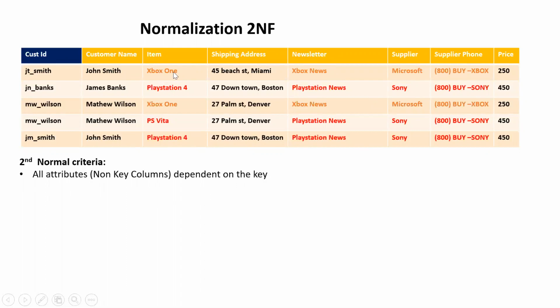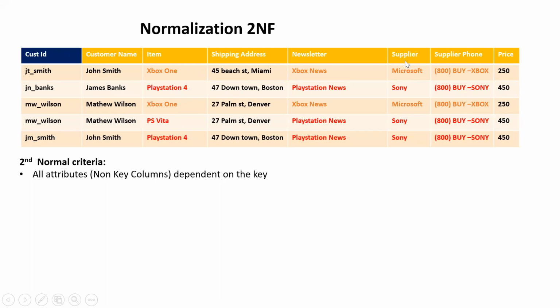Now, can I say that Xbox One I can identify by the supplier name as well? Because I know that Xbox One belongs to Microsoft. So apart from customer ID, I'm able to identify this Xbox One with the non-primary key as well. Now this is my non-primary key, right? This supplier is a non-primary key.